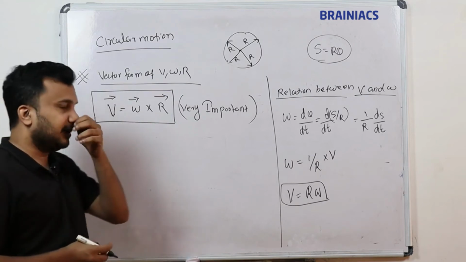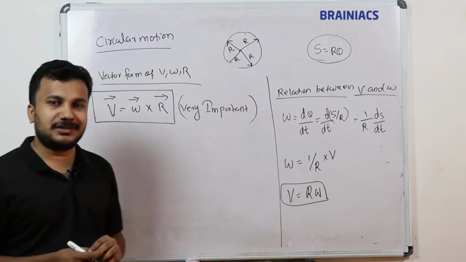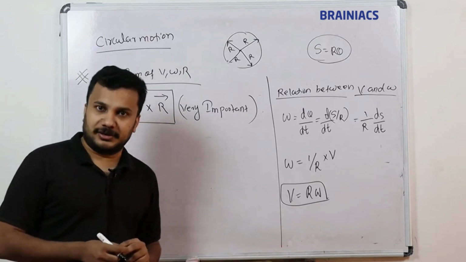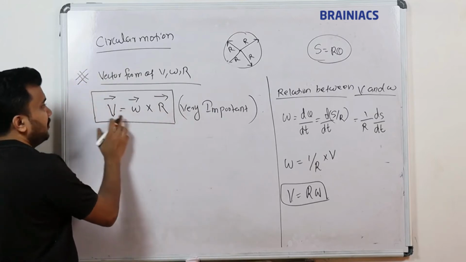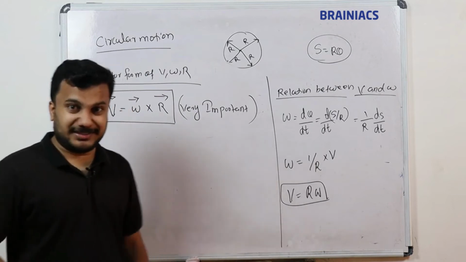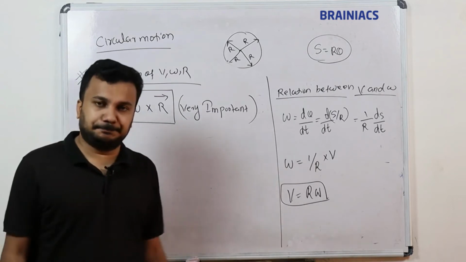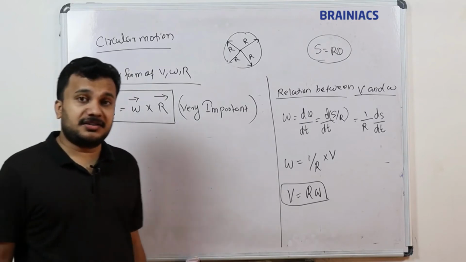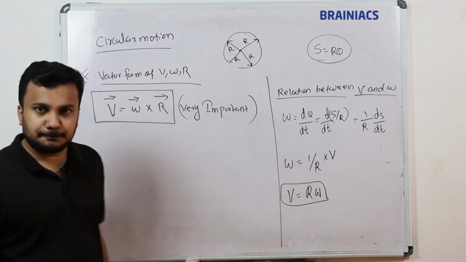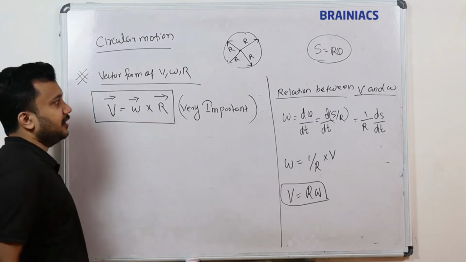You are cross multiplying two vectors, so you take the modulus and solve it. The relation is important. R cross omega is not the same as omega cross r. Both are different. Omega cross r is equal to minus r cross omega. It is not r cross omega. Very important.